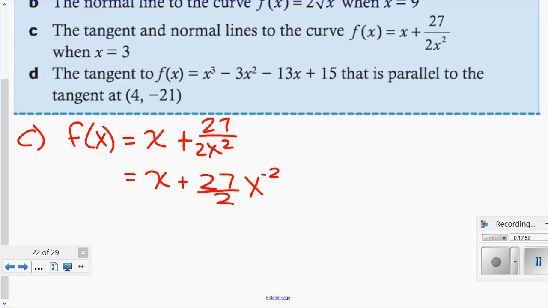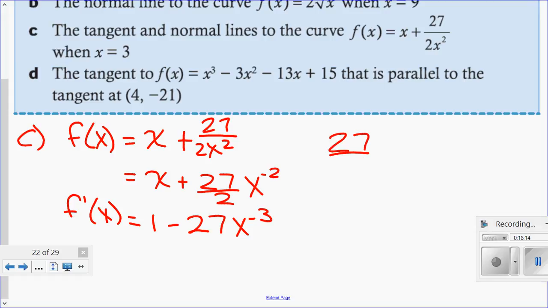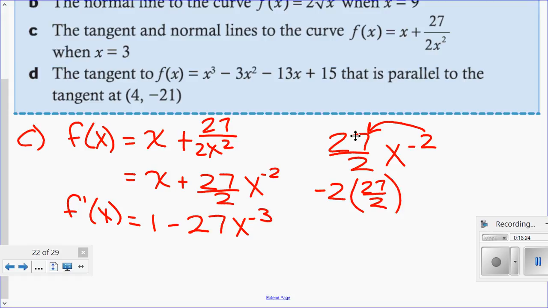We are ready to take our derivative. The derivative of x would be 1. Then -2 times x to the -2 is -2 times 27 over 2 times x to the -3.